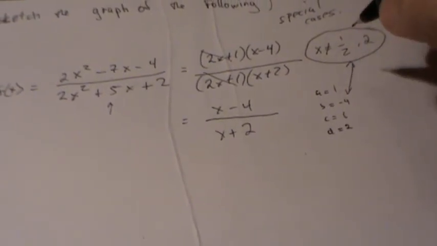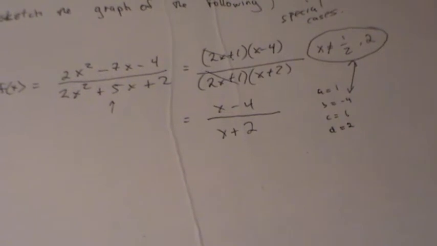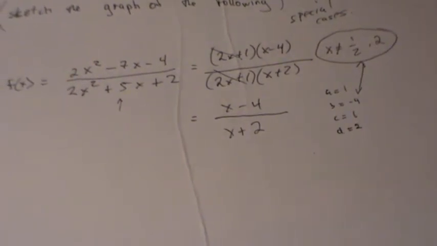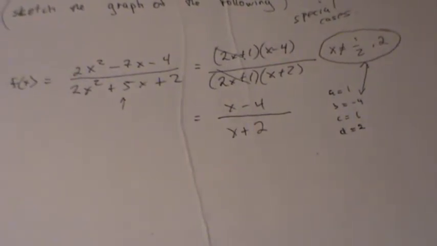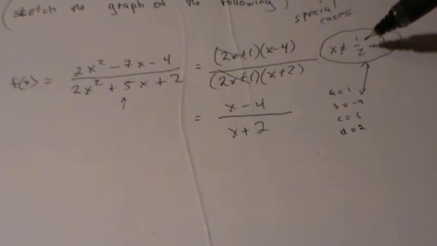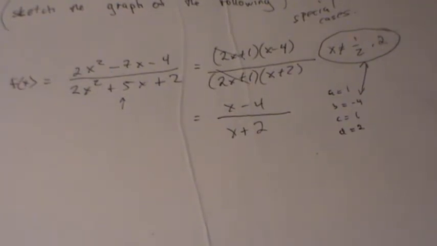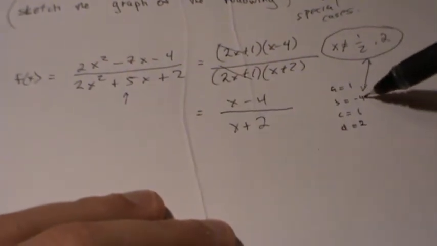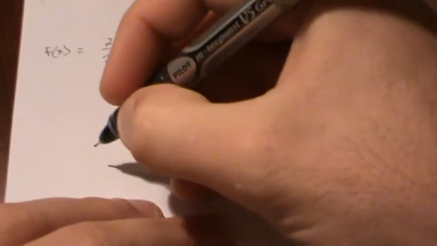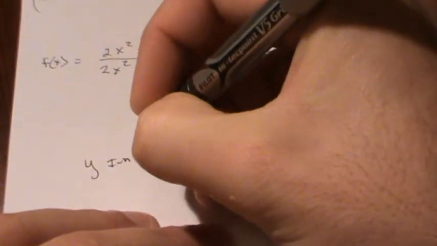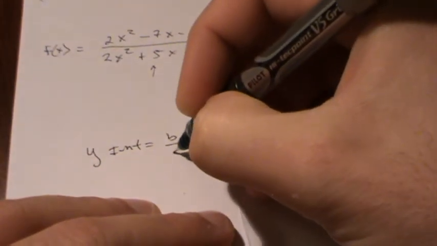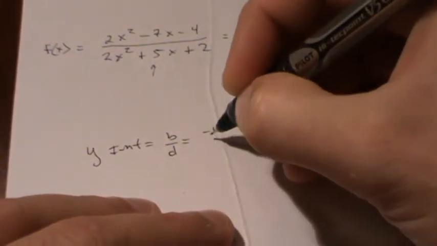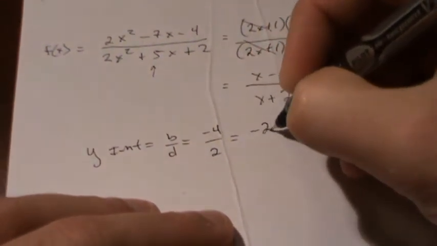So what we're going to do is graph this function right here, and like I said, just keep in mind this stuff over here, okay? And so we know that the y-intercept is b over d, or -4 over 2, or -2.